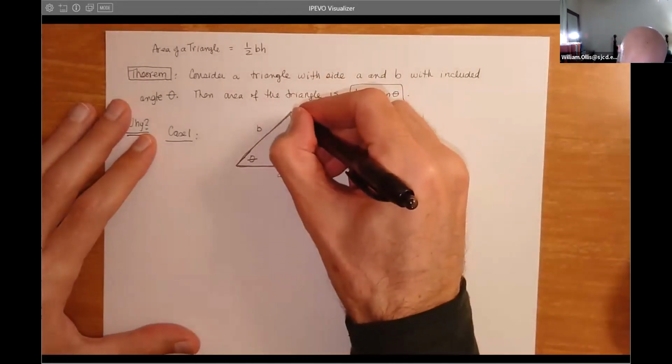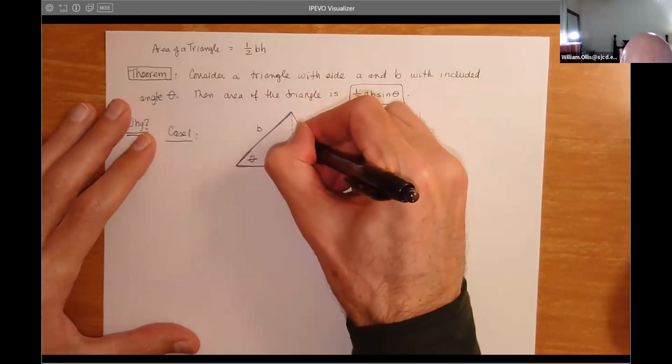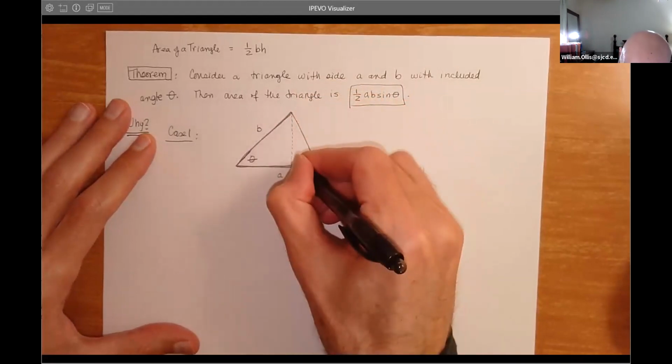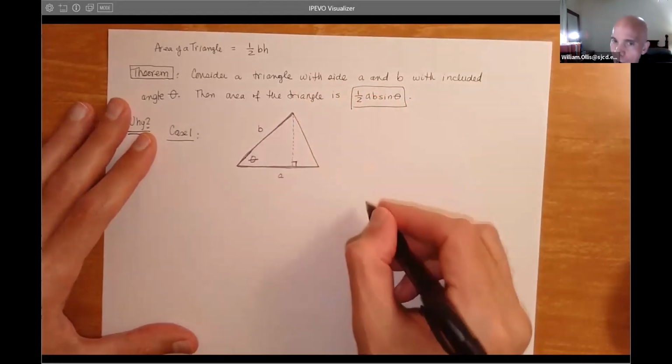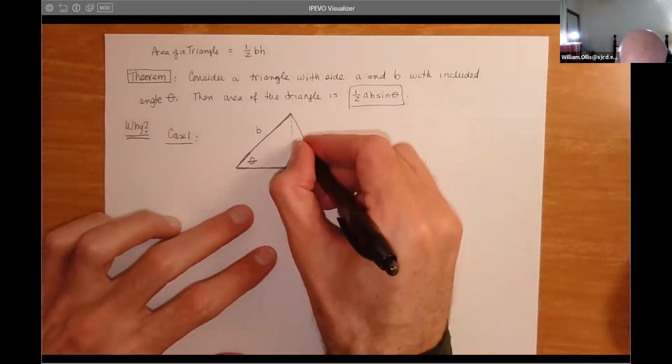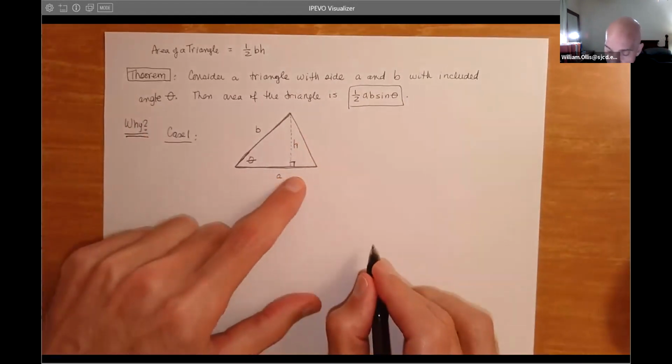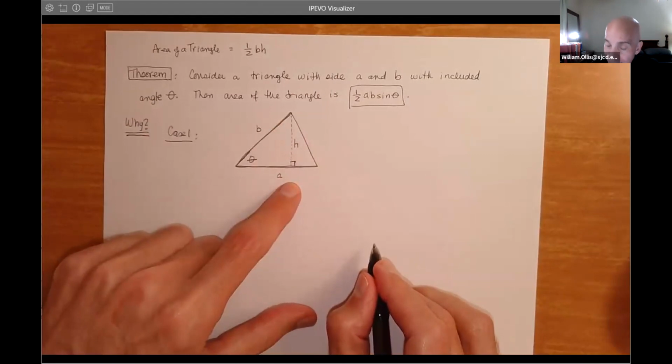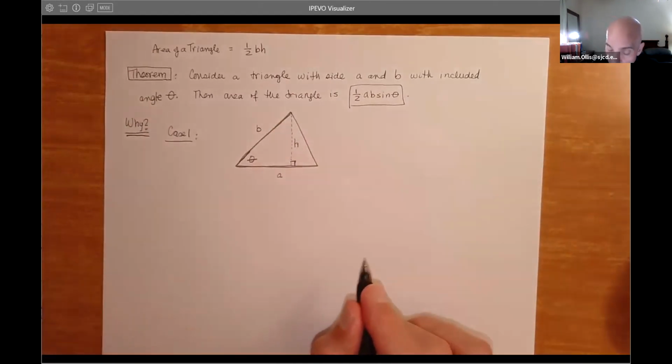We're going to drop the perpendicular, like the geometric constructions you did in your geometry class, that was always fun to do. We're going to call this perpendicular that we've dropped to the opposite side of this angle, H, the height. So by definition, this is the height of the triangle.